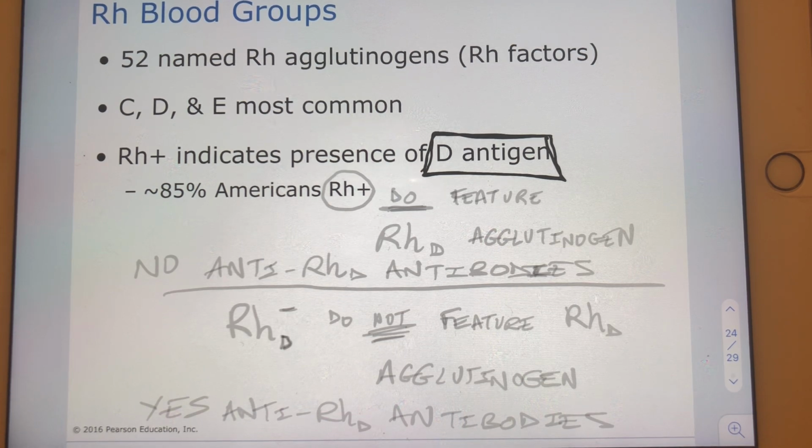Okay, and most people, more people than not, are RH positive, which means that they do feature the RHD agglutinogen.